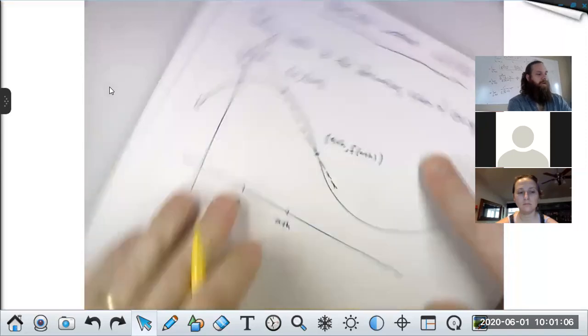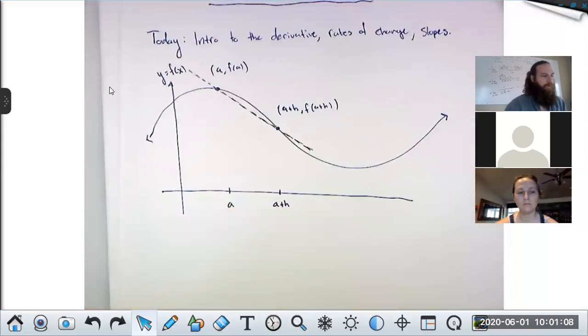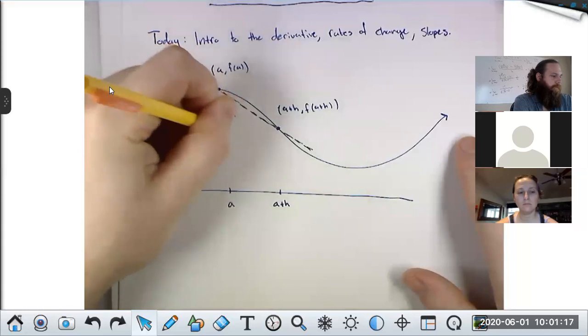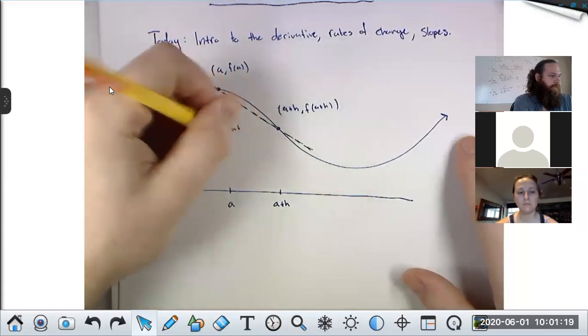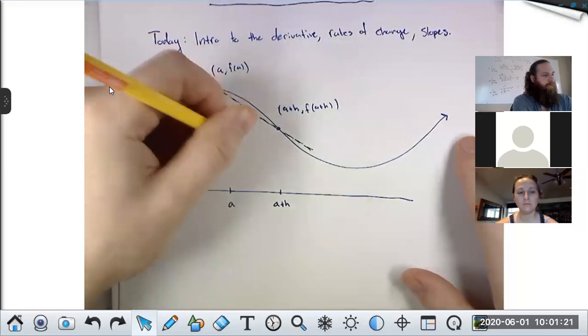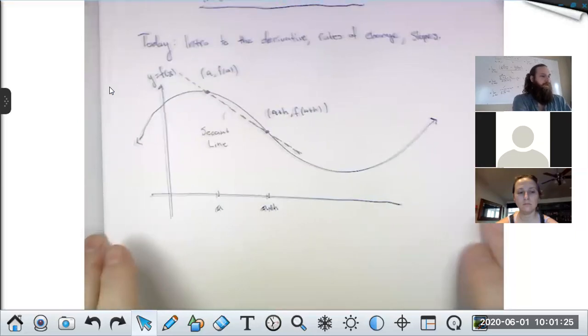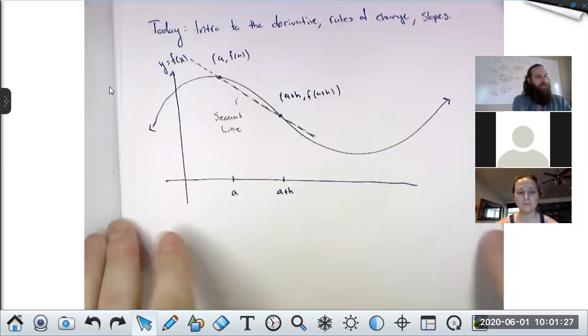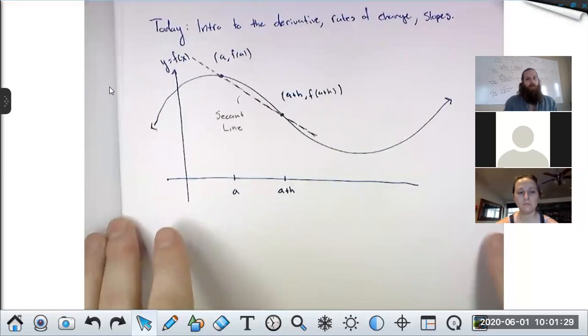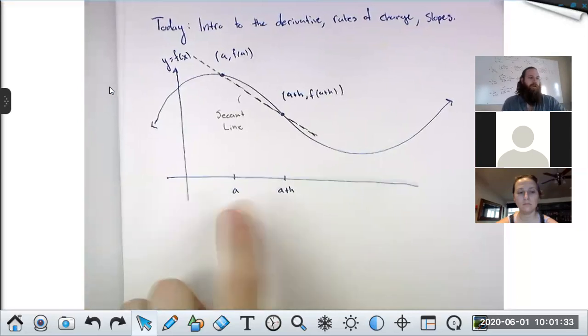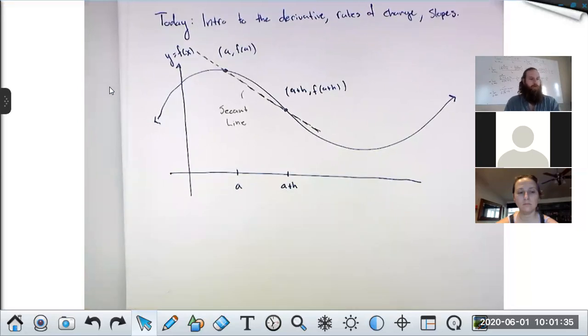We call it the secant line. The slope of that secant line is the average rate of change for the function f from x equals a to x equals a plus h.